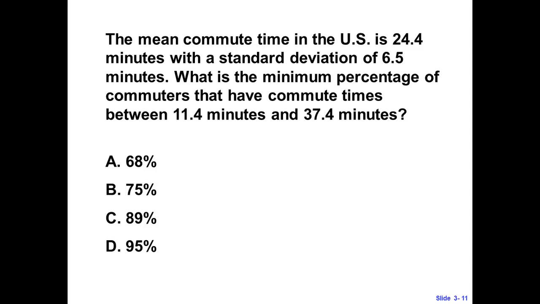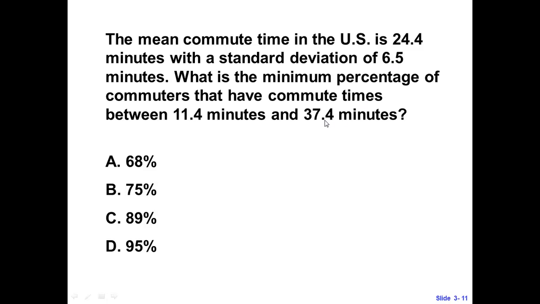For this problem, number 6, it says the percent. If you notice, the standard deviation is 6.5 and then the mean is 24.4. So as you can see, it says between 11.4 to 37.4. The mean is 24.4, so the difference between 24.4 and 11.4 is 13. 13 is 2 standard deviations.